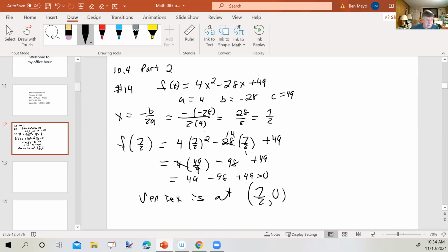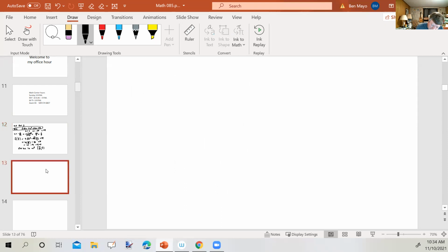Now, to find x-intercepts, we would set y equal to 0. What I'm going to do is take this function and go on to the next page because I'm going to need a lot of room to write. So f of x equals 4x squared minus 28x plus 49.